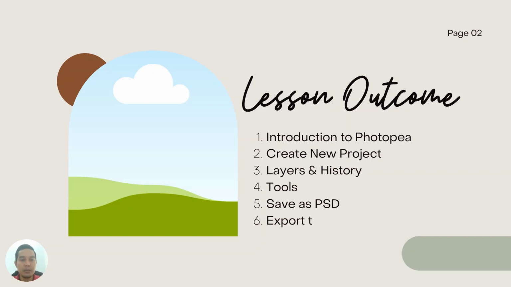Then we will create a new project in Photopea, and we will know the purpose of layers and history, and then we will see the important tools. After that we save as PSD, then export to JPEG and PNG.